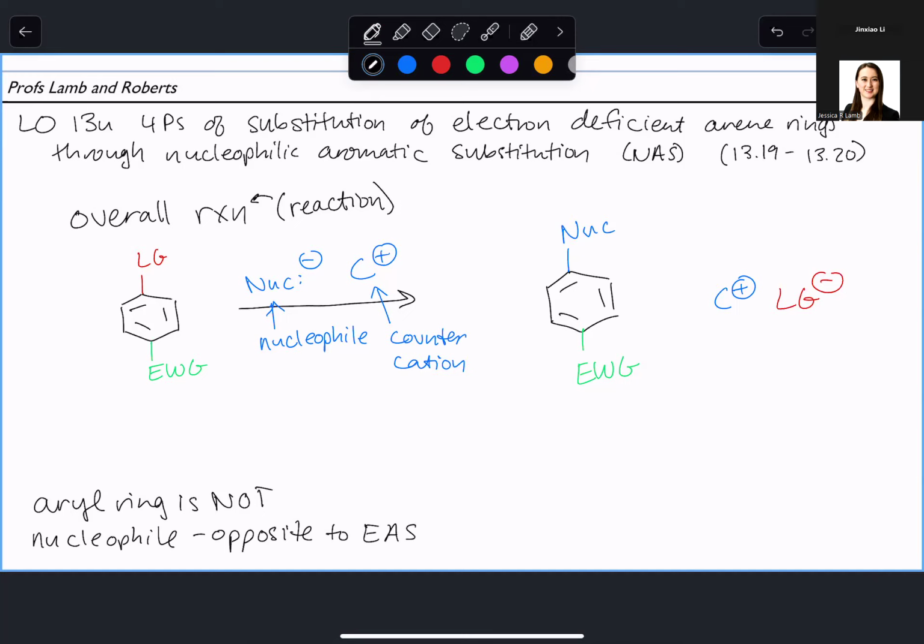All of the reactions that we've been talking about before today, the aromatic ring was the nucleophile, but that is not the case anymore. We are reacting with a nucleophile, therefore the ring must be the electrophile. So it's actually a carbon on our aromatic ring that is the electrophile. And it's always going to be the carbon attached to the leaving group, right here. So that is our electrophilic site.